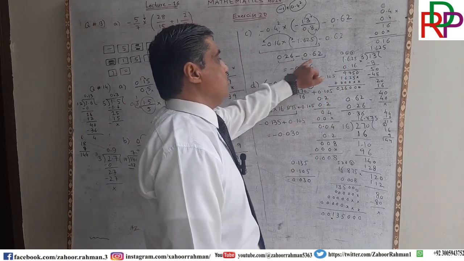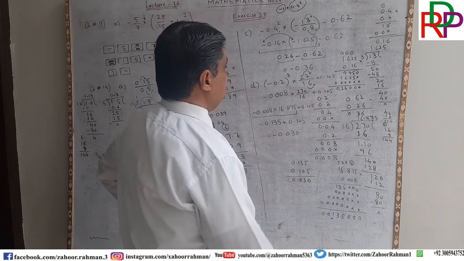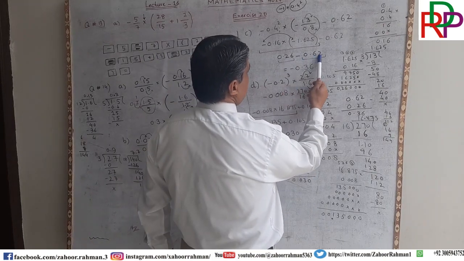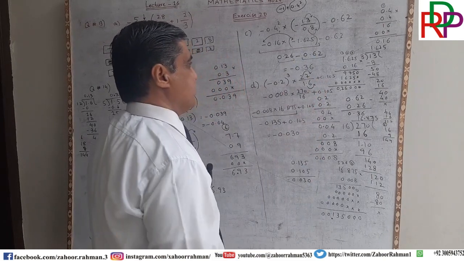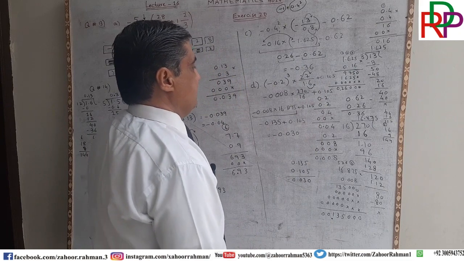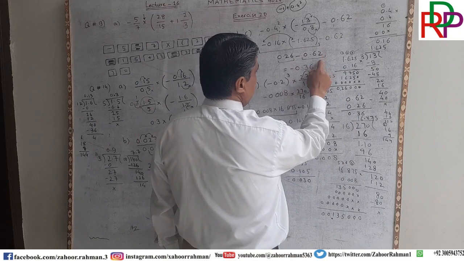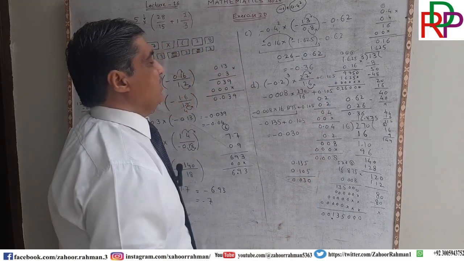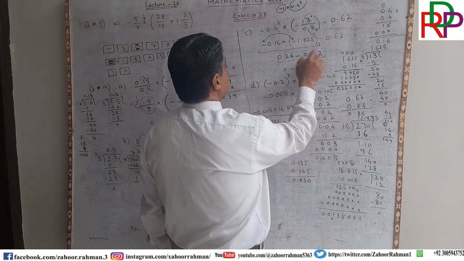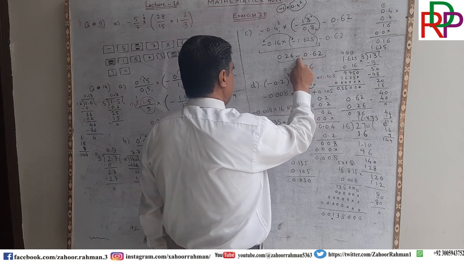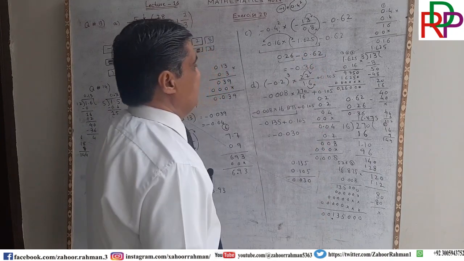In these two, the greater one is 0.62. So we have to subtract the smaller value from the larger one, and whatever result we get, we have to put the symbol of the larger number, which in this case is negative.